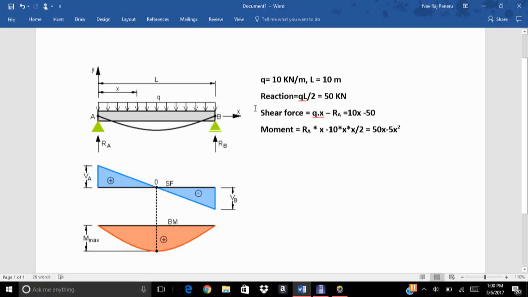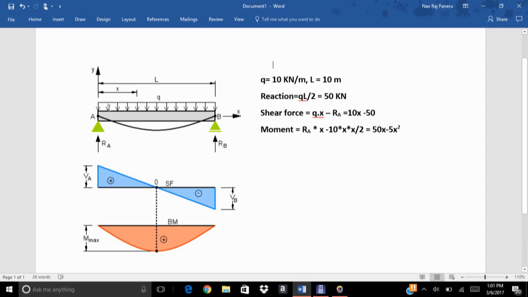Okay, so if we have to draw the shear force diagram and bending moment diagram, we have to cut the section and look at the internal force at any section. So at a distance x, I'm going to cut this beam to look at its shear force and bending moment. For shear force, if I cut at this section, the shear force will be Ra minus the force given by this loading, right?